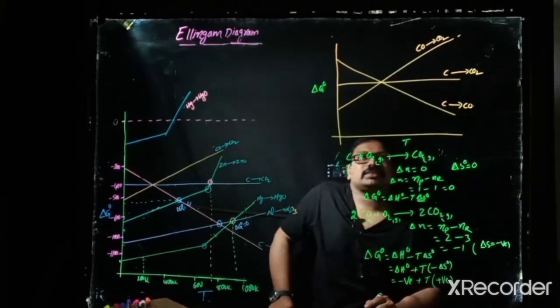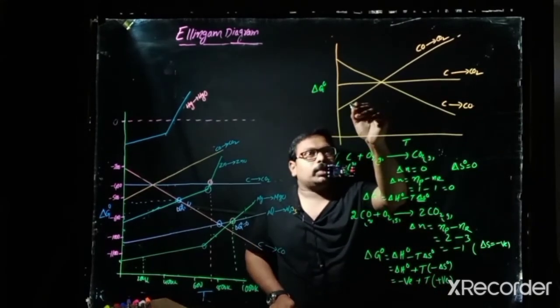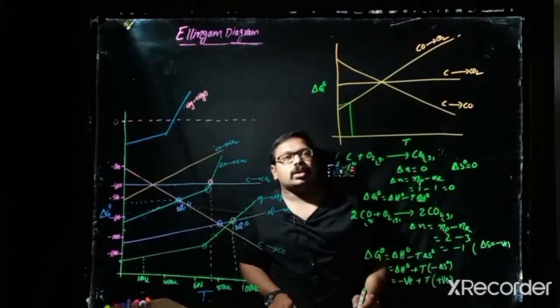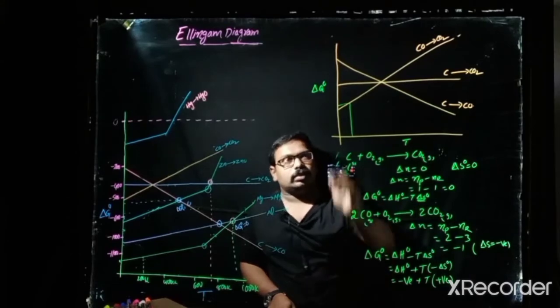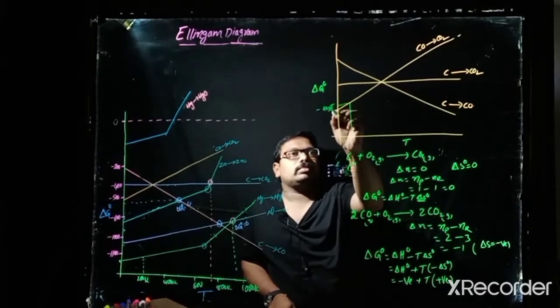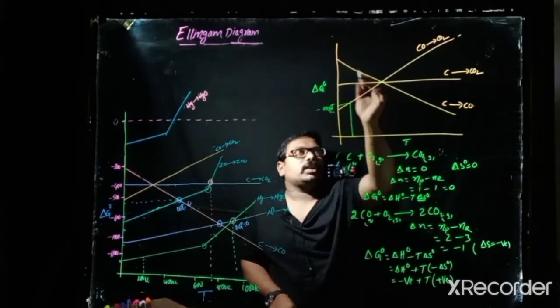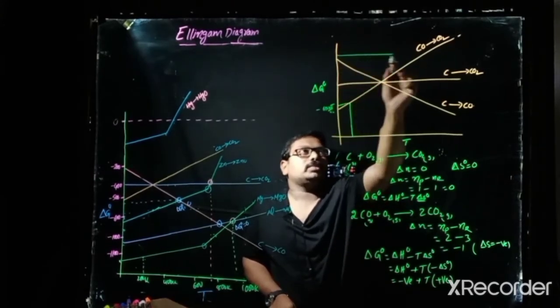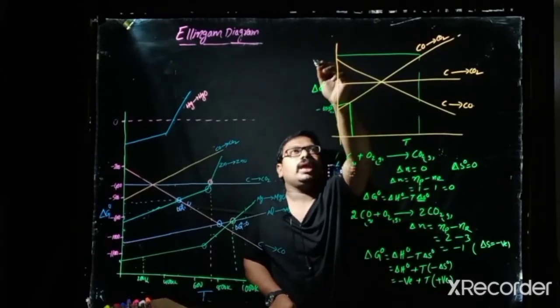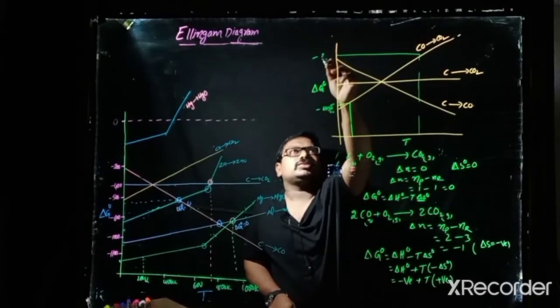That is the reason why at low temperature it is more delta G naught negative, for example minus 650 kilojoules per mole. If you compare at high temperature, it will be around minus 200 kilojoules per mole.